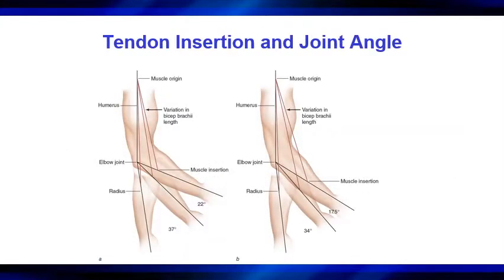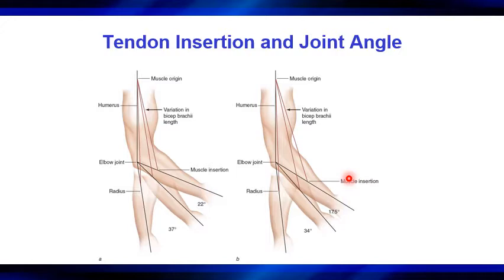Here's what we're looking at. In picture A, the tendinous insertion is a little closer to the joint center, where here it's a little further away. Configuration B, over on this side, has a larger moment arm and thus a greater ability for torque for a given muscle force.